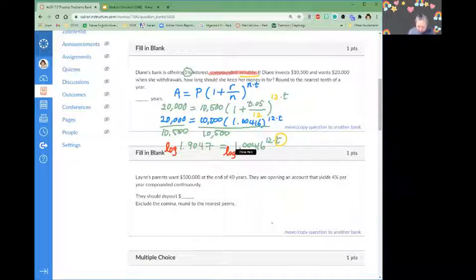Then you can apply the power rule so that you have 12 times t in front of the log, right? Then you can further use the values of log of 1.9047 and log of 1.00416 so that you can go find the actual value for t later.